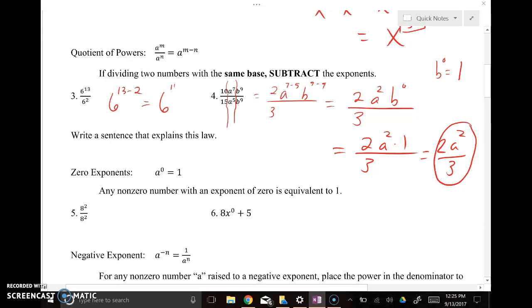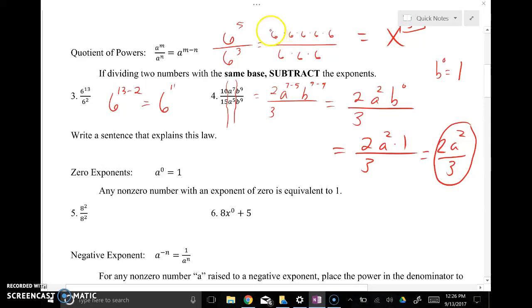The justification for this rule here, I'll use my 6's to help with that. So let's say I have 6 to the 5th divided by 6 to the 3rd. So that would be 6 times 6 times 6 times 6 times 6, 5 sixes, and then divided by 6 times 6 times 6, 3 sixes.